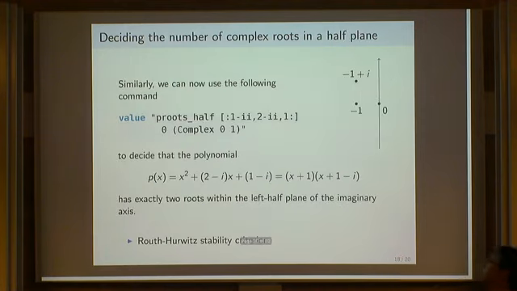But for the half plane case, actually I haven't done it, but it should not be very hard. We can actually try to eliminate the greatest common divisor of the real and the imaginary part of the polynomial. So in this case, it should be easy to handle a case where there's a root on the path. Not so easy for the rectangle.